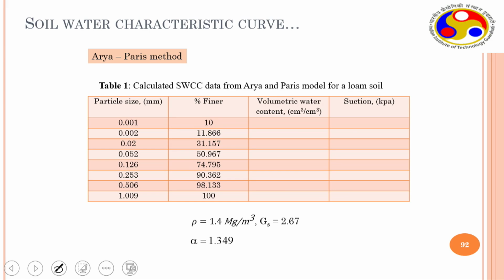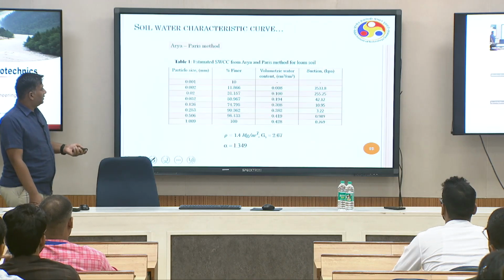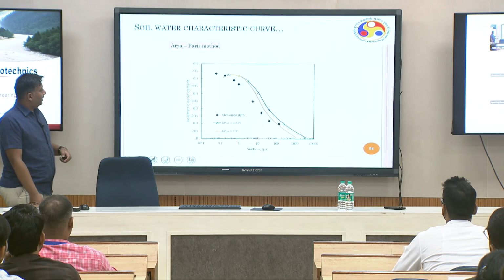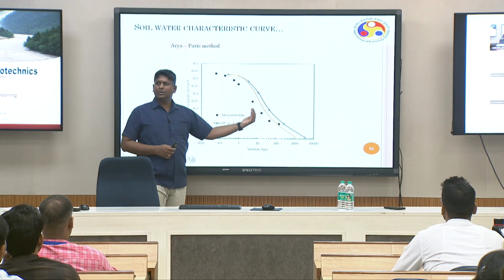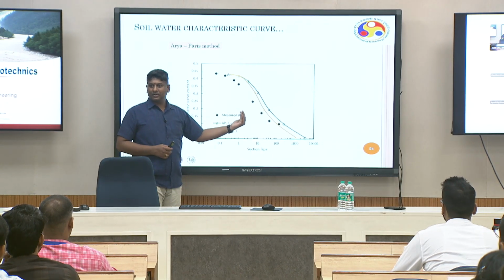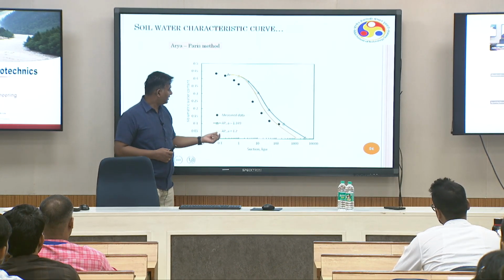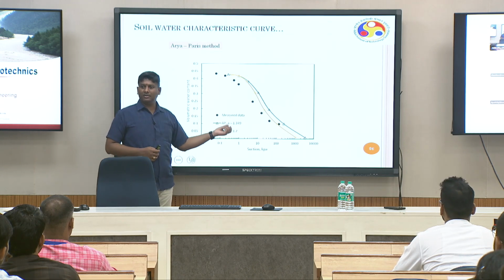This is very interesting, and you can in fact try to qualitatively understand how the SWCCs can change for different soils. This is how the values change, this is the measured data, and a close prediction is possible. We predicted these things for different parameters, alpha values.